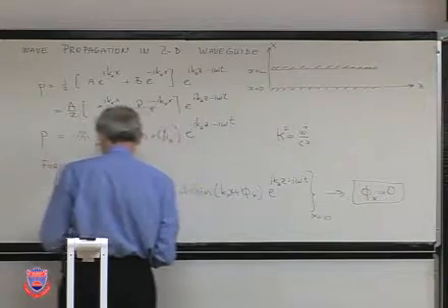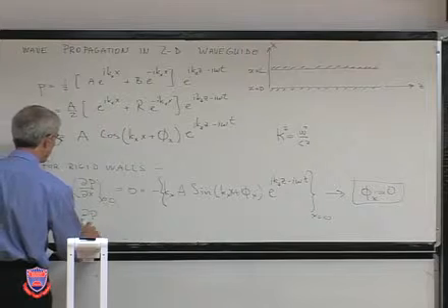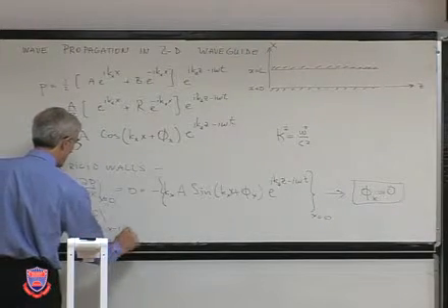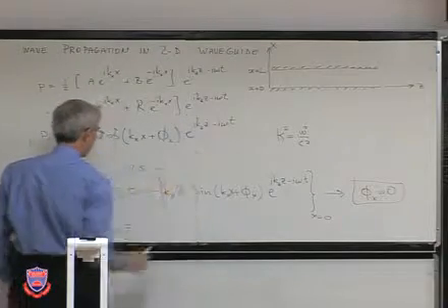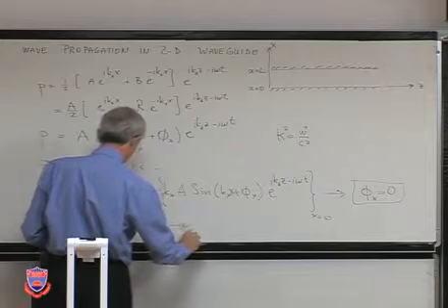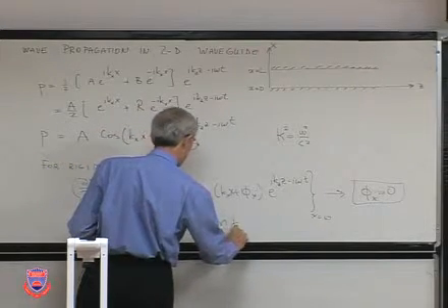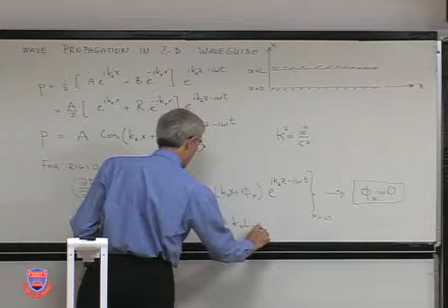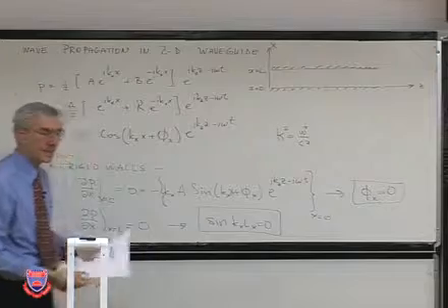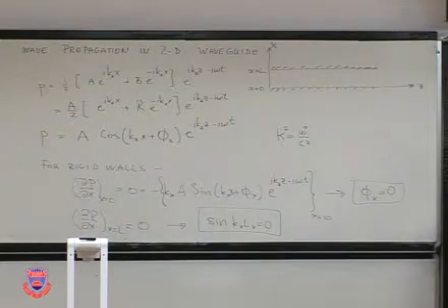This is the first boundary condition, and the second boundary condition at the upper surface gives us another relationship, and that is... now this is becoming an important parameter. Let's see now.